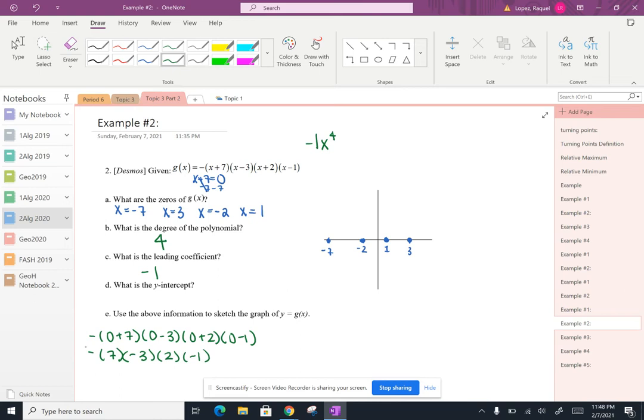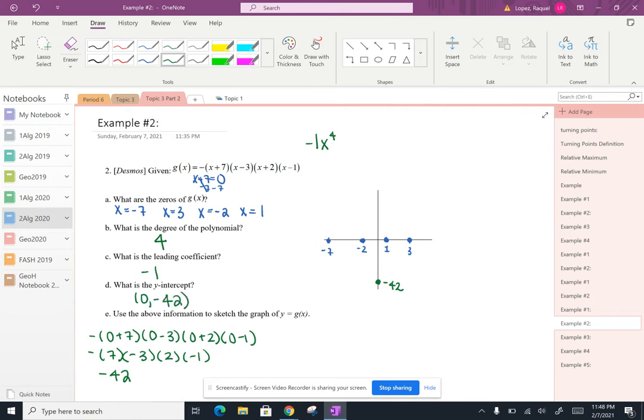So I end up with -42. So that -42 is going to come down here. I'm also going to write it right here for clarity's sake.